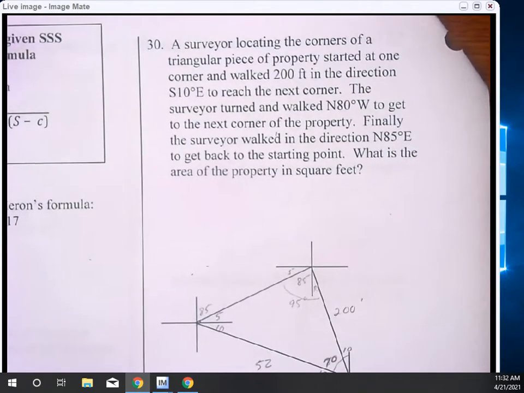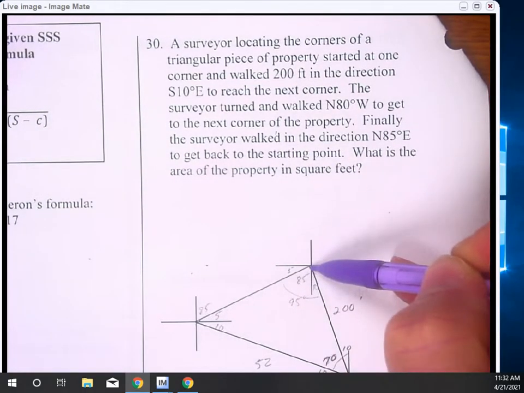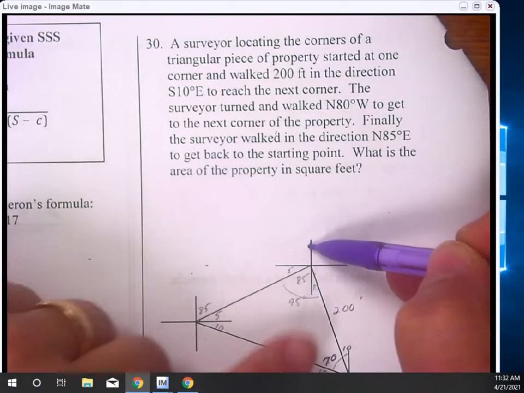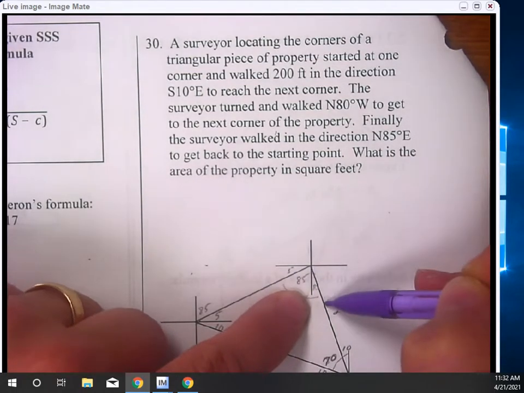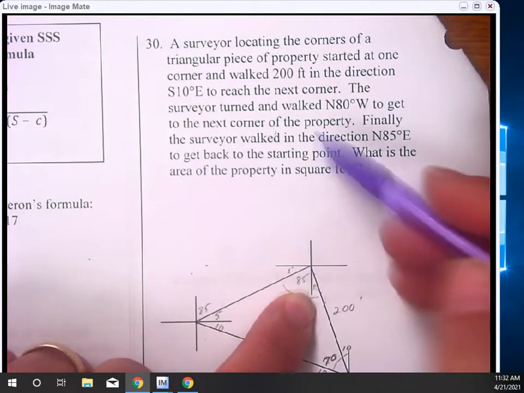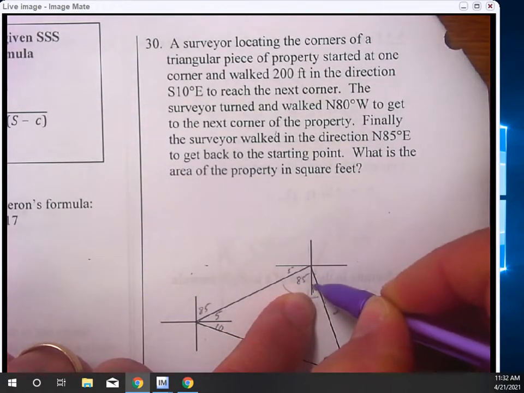We have that surveyor again that is walking a triangular piece of property. They walked 200 feet in the direction of south, 10 degrees east. So when I'm looking at this, I notice that I have my compass drawn. 10 degrees south and east means that 10 is in this little bitty tiny hook right there.